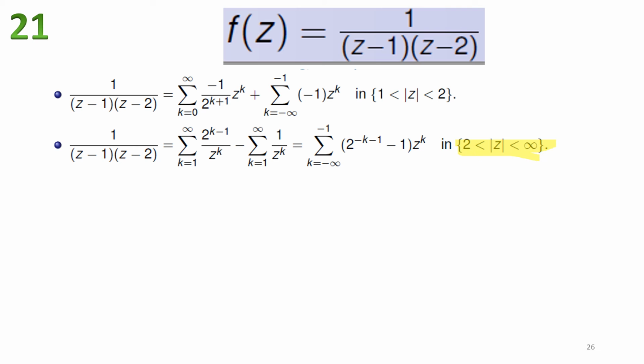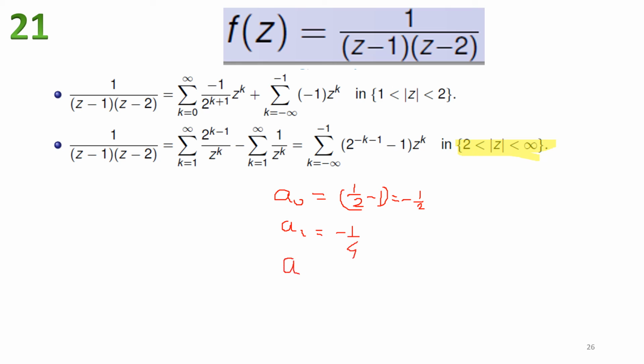Now let us suppose that we are talking about a0, and when k is equal to 0, we are left with 2 to the power minus 1, so 1 by 2 minus 1. So this will turn out to be minus 1 by 2. Similarly, if you try working out a1, you will arrive at minus 1 by 4.